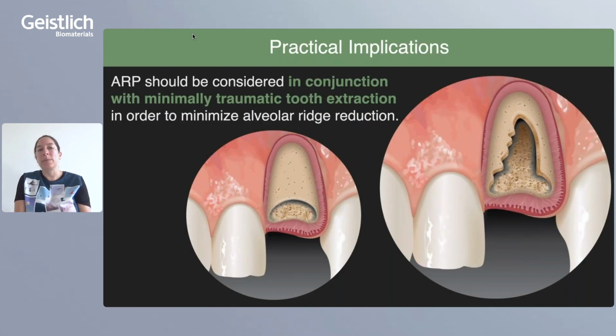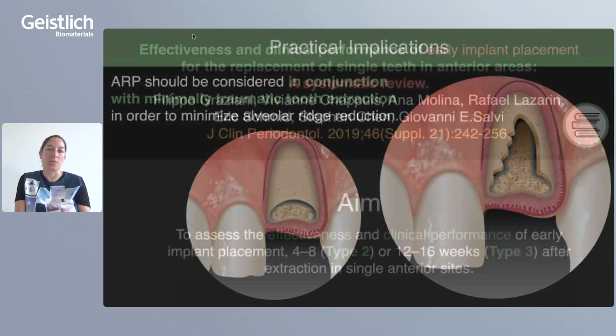Then some practical implications is that tooth extraction should be performed minimally invasive, so it should be performed flapless, and it should be taken care that the alveolus can be left intact in order to minimize alveolar ridge reduction.